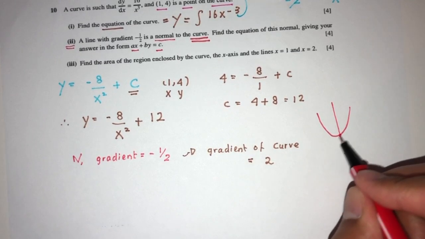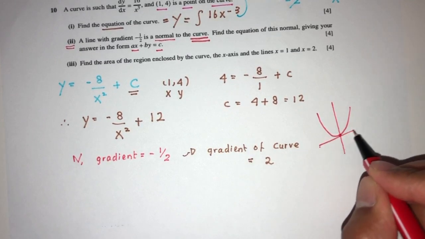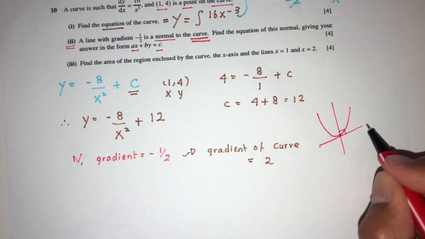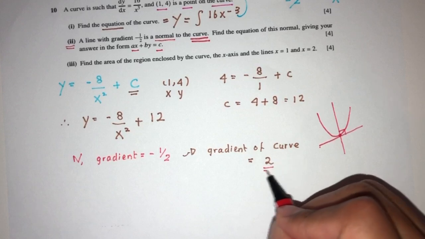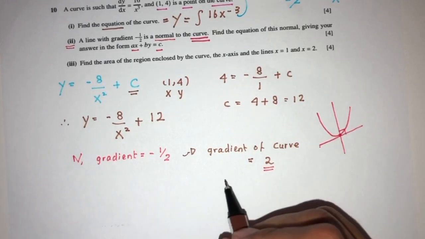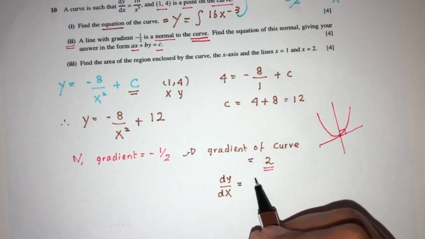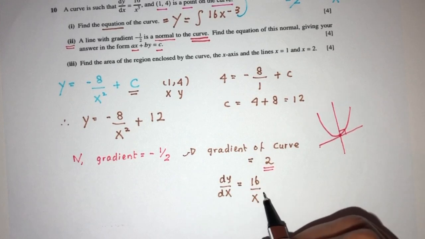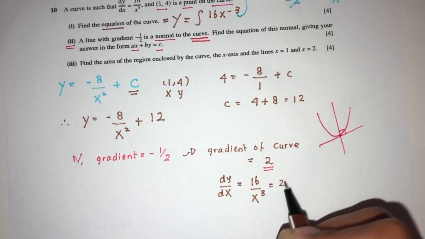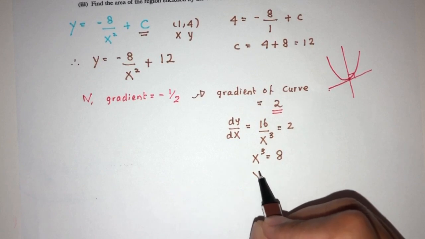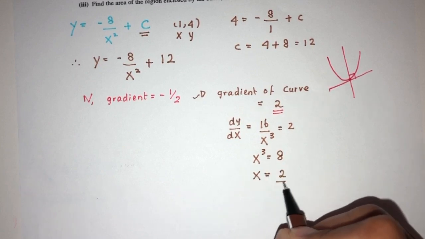We know that at this point we will need to have a tangent at 90 degrees. Now this tangent represents the gradient of the curve, so this has to be 2, which means dy by dx is 2. That will be 16 over x to the power 3 is 2, which means x cubed is equal to 8. x has to be the value of 2.